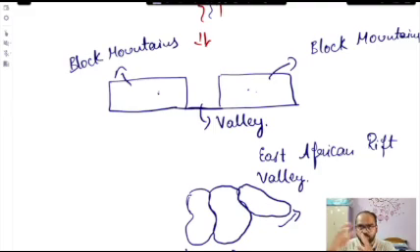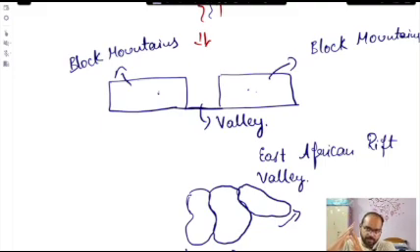Here there are no block mountains. There are two continental masses, this African continental mass and the Indo-Australian continental mass, drifting like this. While this drifting is happening, the Horn of Africa got subsided, and a valley is formed.